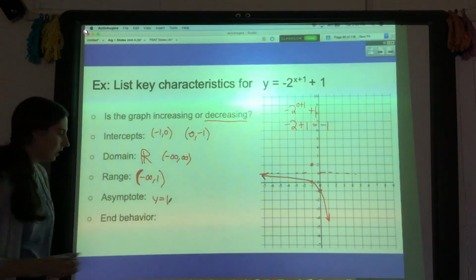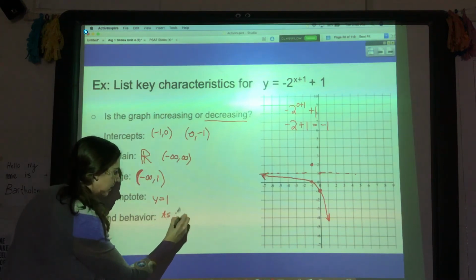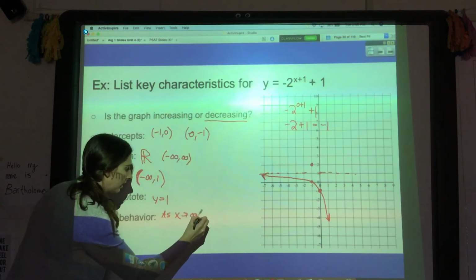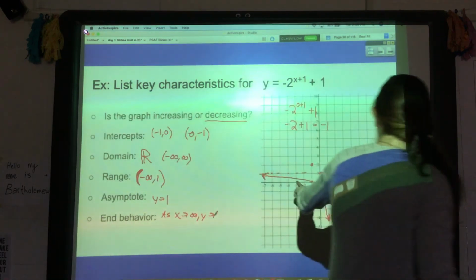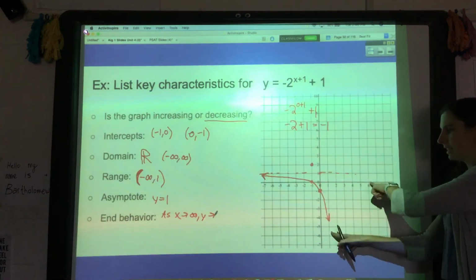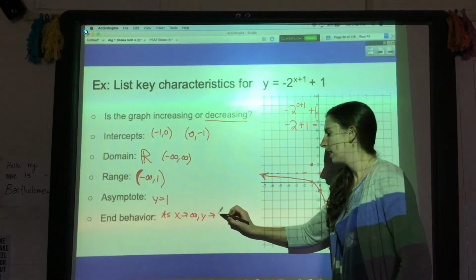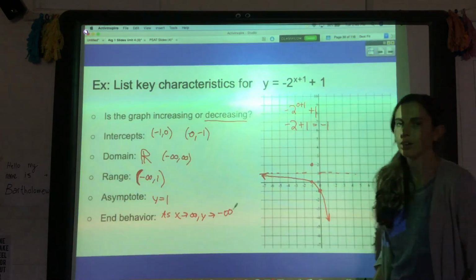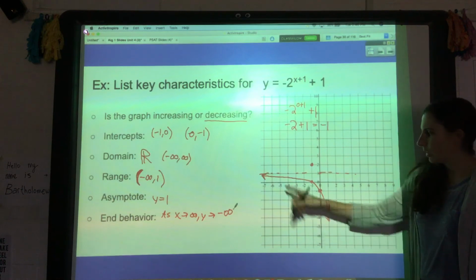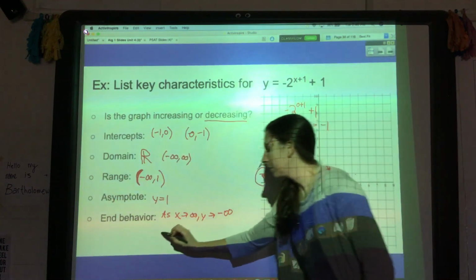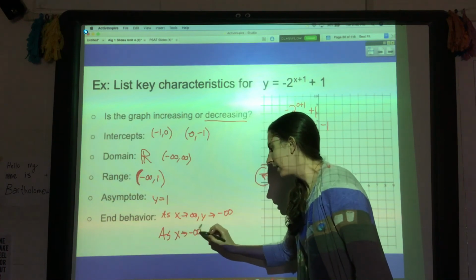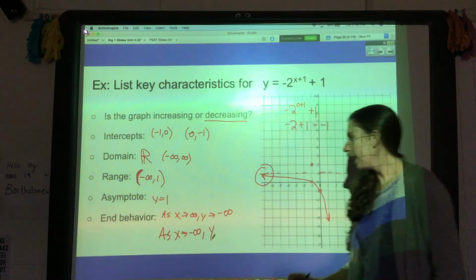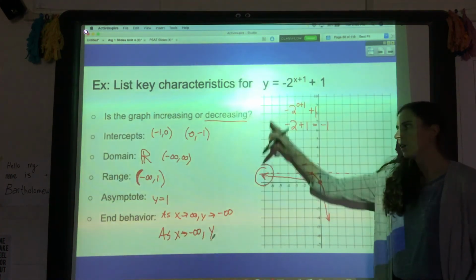And the end behavior: as x approaches infinity, as x gets bigger, the graph's going down, so y approaches negative infinity. Y decreases. And at the other end of the graph, as x gets smaller, as x approaches negative infinity, it's going up, but it's not going up to infinity.